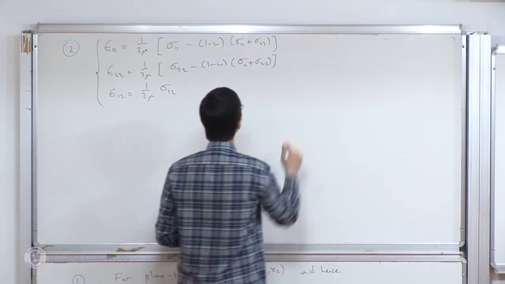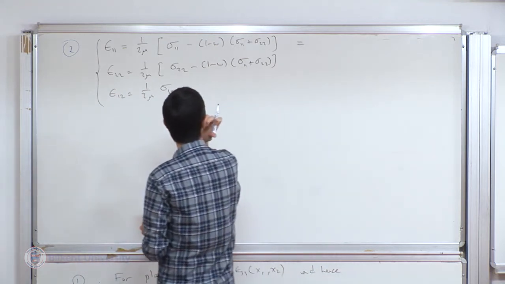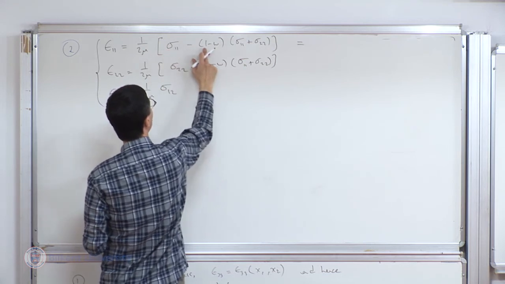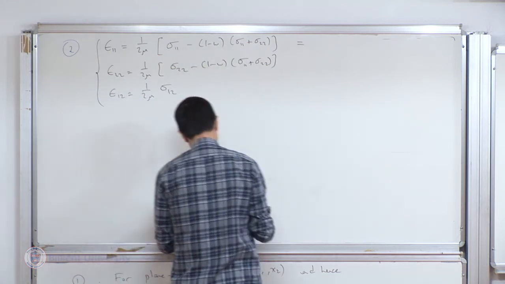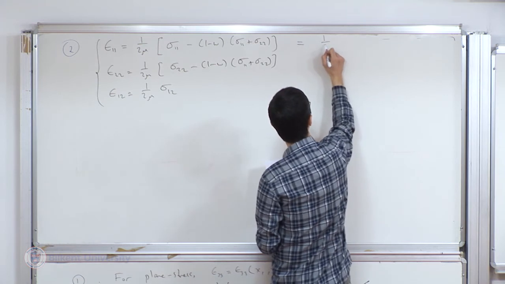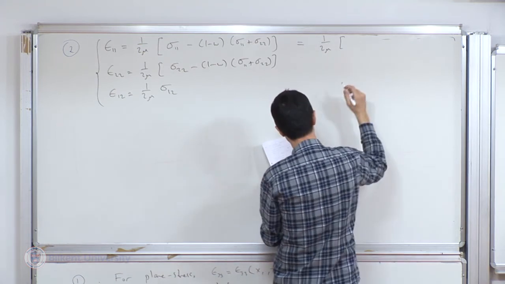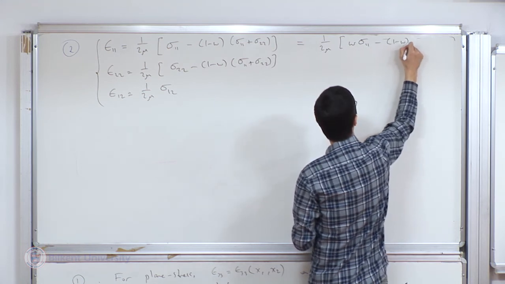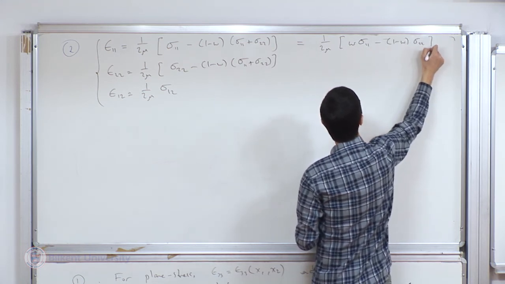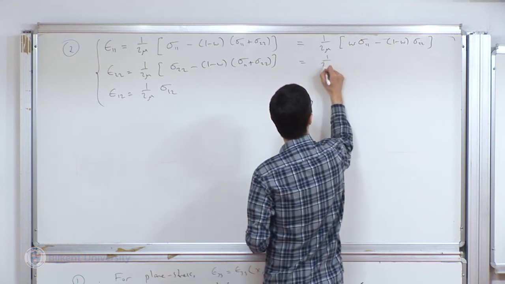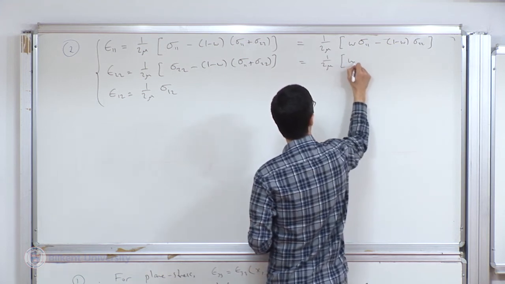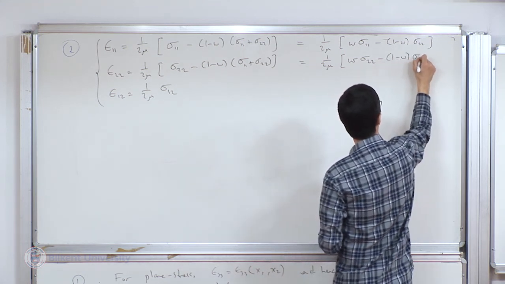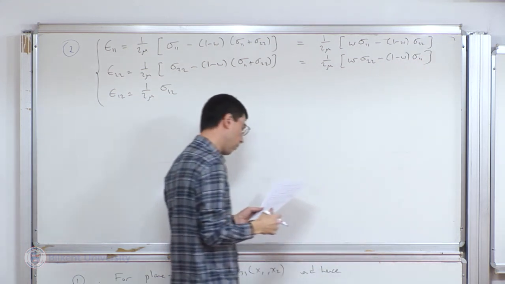The first two we can simplify a little bit further because there's a sigma 1,1 and there's a minus sigma 1,1. So with that small simplification, these are what we end up with.